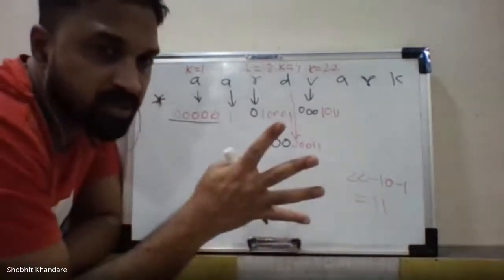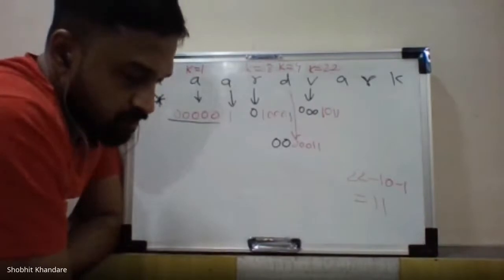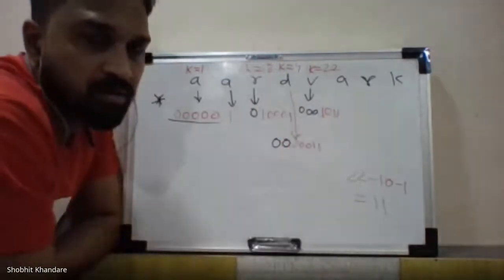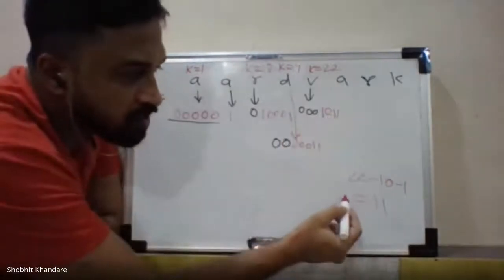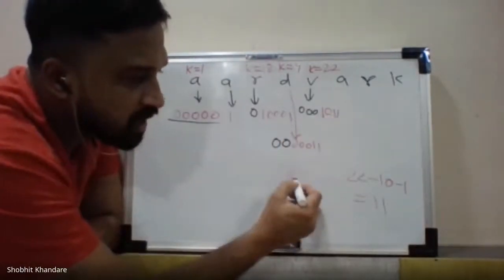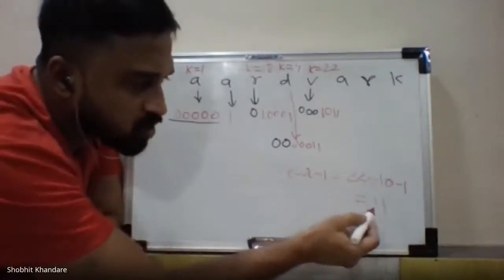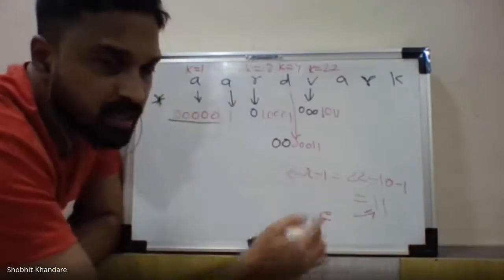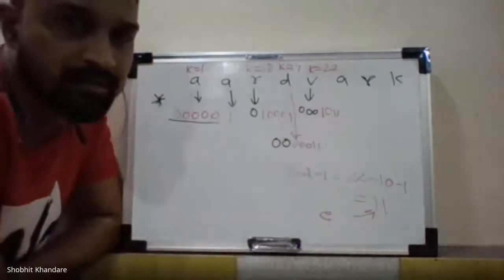Represent it in 4 bits. 11 is 1011. So K minus R minus 1 is equal to 22 minus 10 minus 1, which is 11, and you have to represent this by E bits, that is 4 bits. So Y will be represented as 1011. That is right.